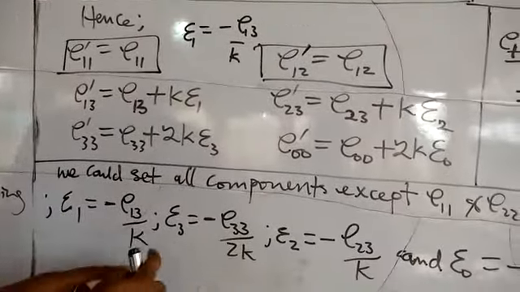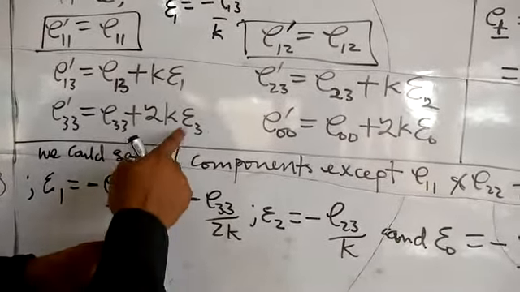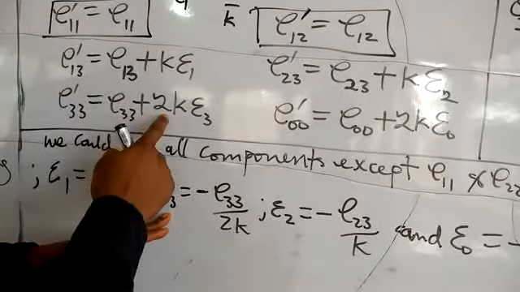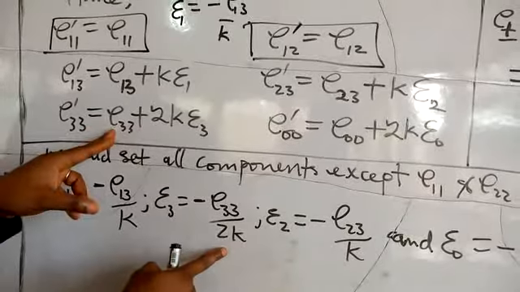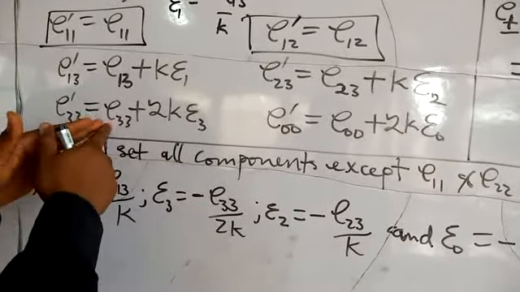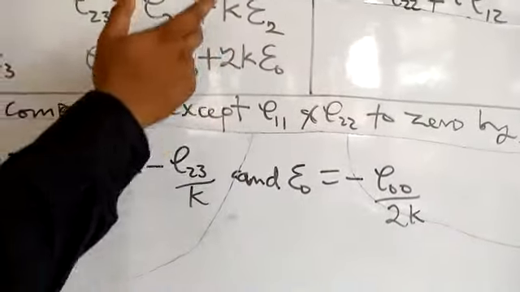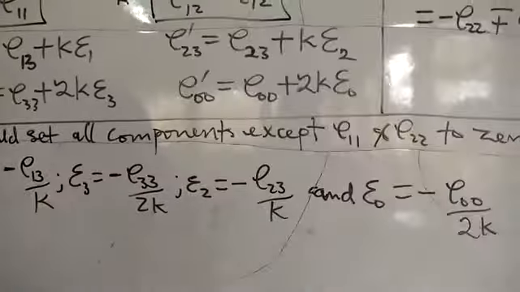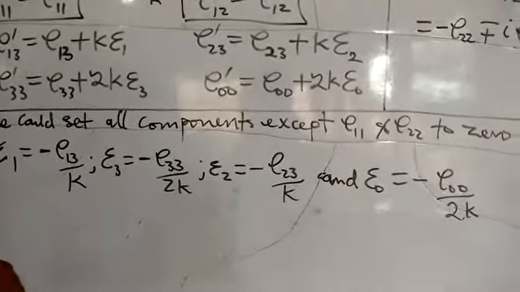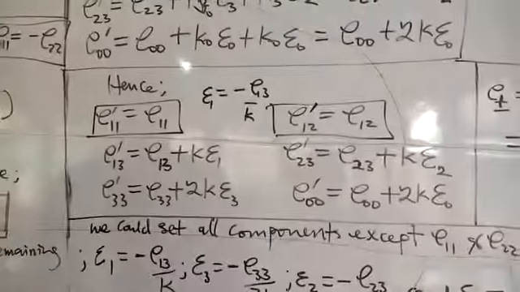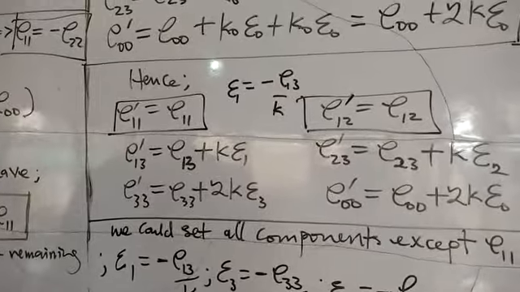Now, by the same trick, if I were to change this epsilon sub 3 to minus E sub 3,3 over 2K, then the 2Ks will cancel. Then I'll be left with E sub 3,3 minus that, and this will give me 0. Similarly for the remaining 2 expressions. So we can set them all equal to 0 by our mere coordinate transformations. That did not happen and cannot happen for the 2 physically relevant components of the polarization tensor.